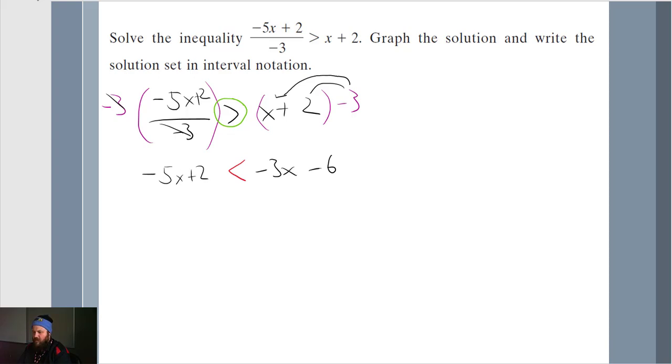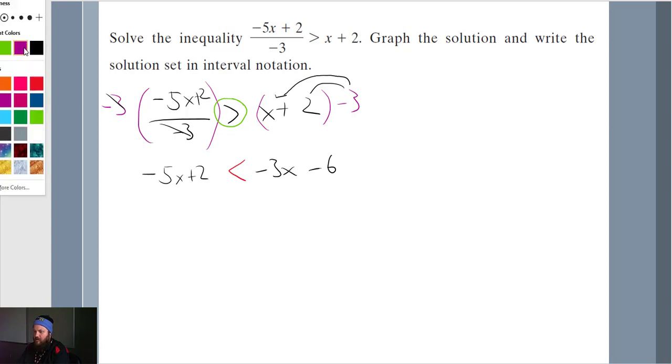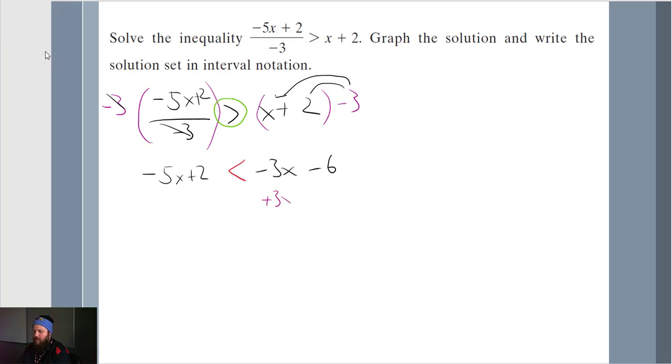Now let's go ahead and add 3x to both sides. So I've added 3x to both sides.